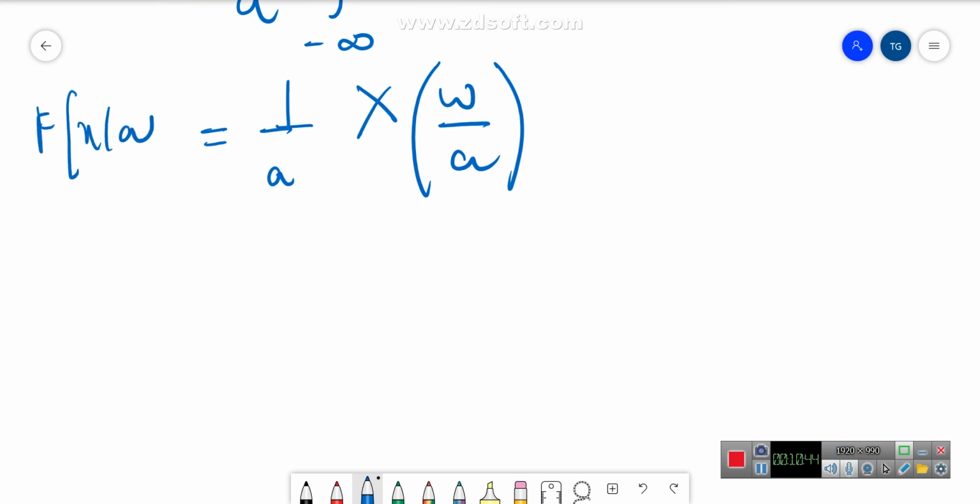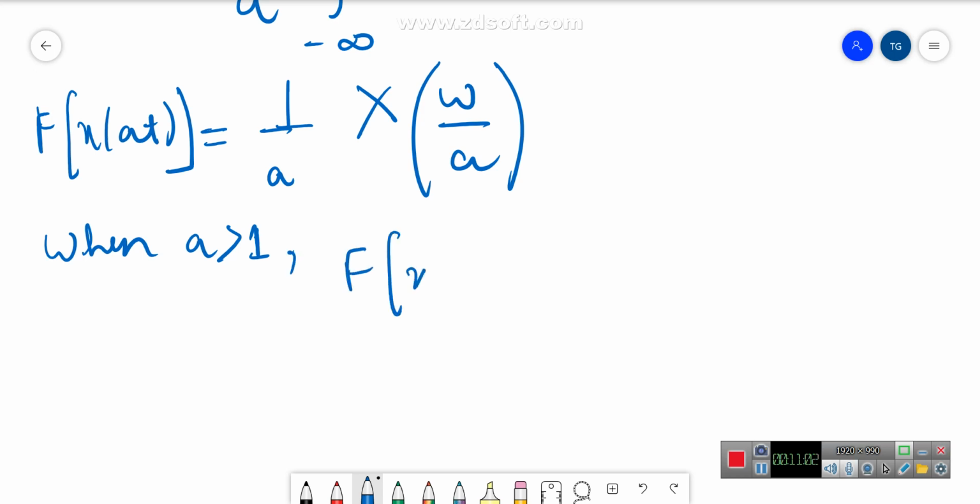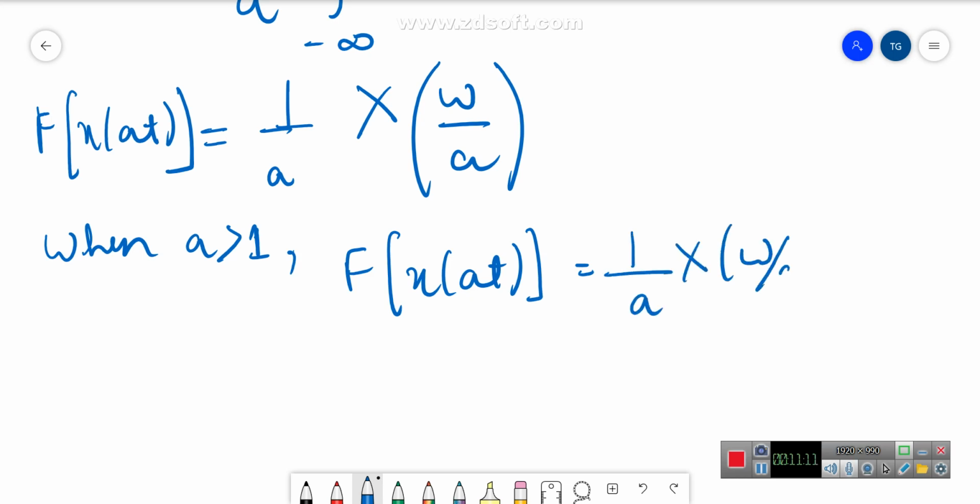Now we know that there are two conditions. When a is greater than 1, that is the compressed version, then in that case my a is a positive quantity. So the Fourier transform of x of at can be written as 1 by a itself, X of omega by a.